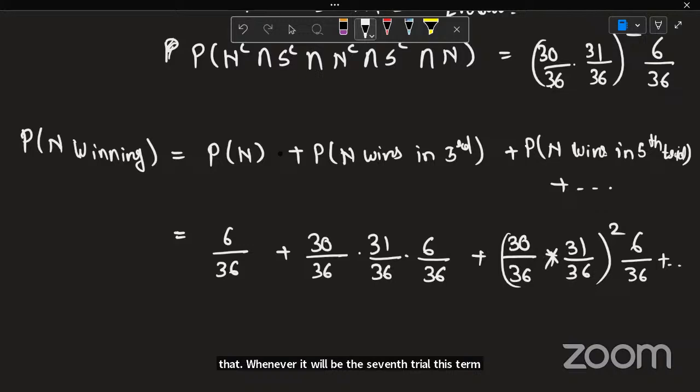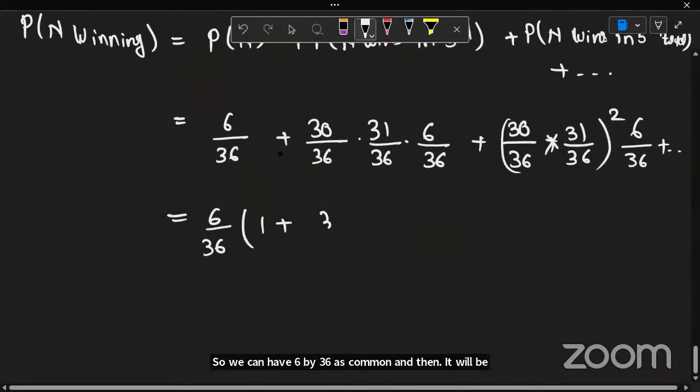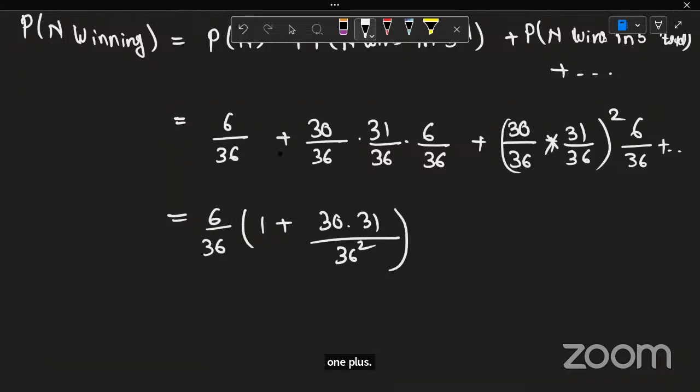For the ninth trial, this term will have power of 4, right? So we can have 6 by 36 as common, and then it will be 1 plus 30 into 31 divided by 36, the whole square, plus, sorry.